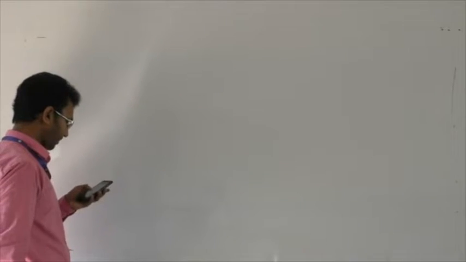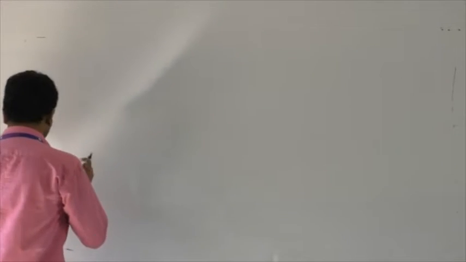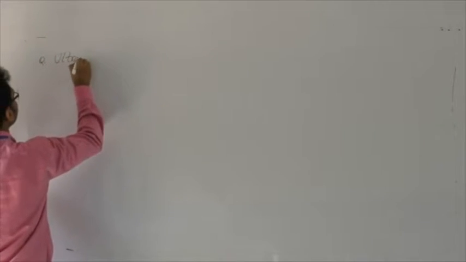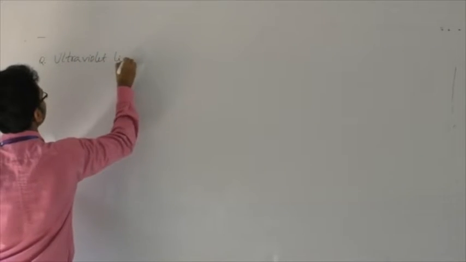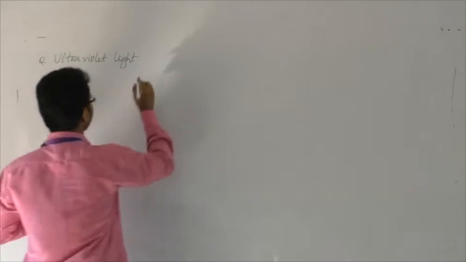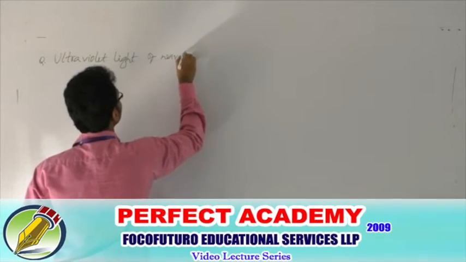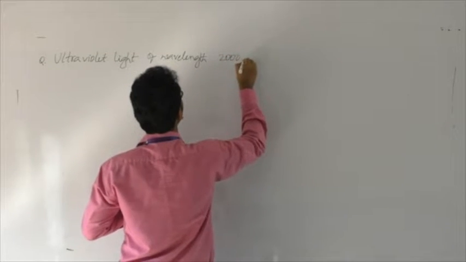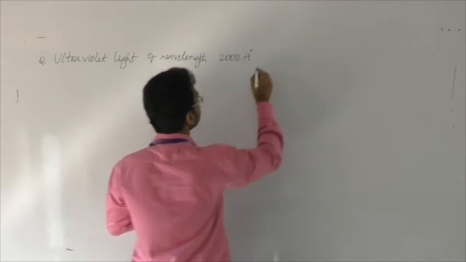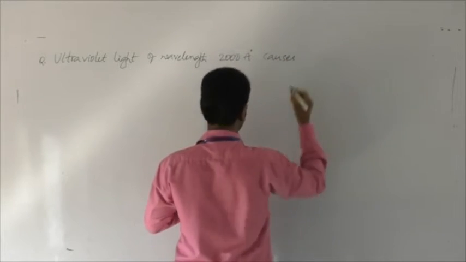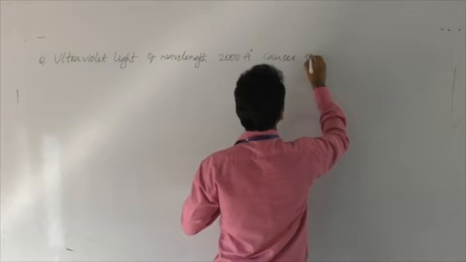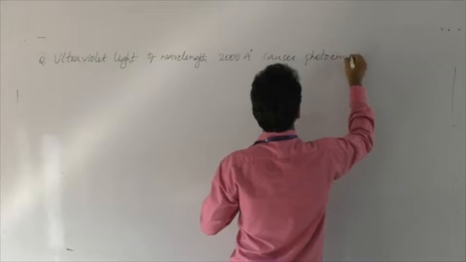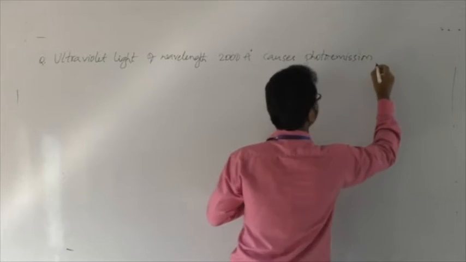Next question. Ultraviolet light of wavelength 2000 angstroms causes photo emission from a surface.